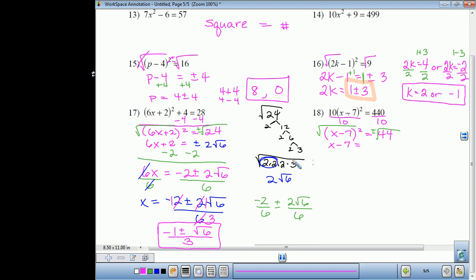Square root of 44. That should be this. And then you put 7, and that's your answer, because you can't do anything else.